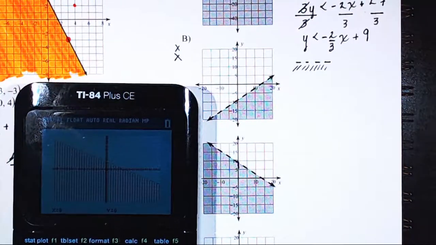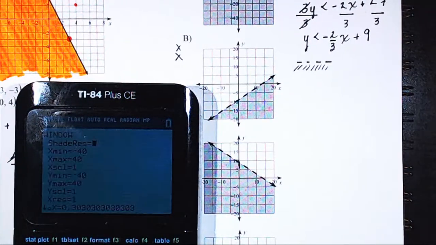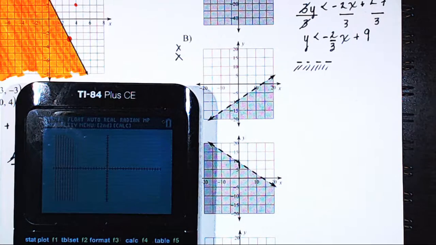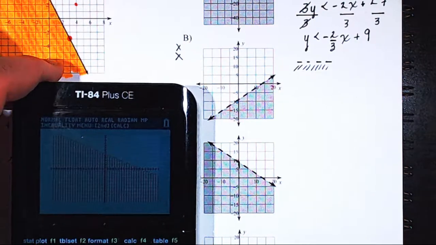I could try to mimic this window by going to window and then setting the dimensions, x min -20, x max 20, y min -20, y max 20. We'll see if that helps us out at all. Yep, just confirming that the shading is right and we've chosen the right answer.